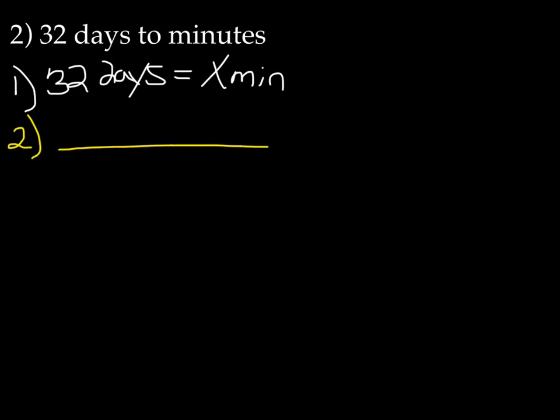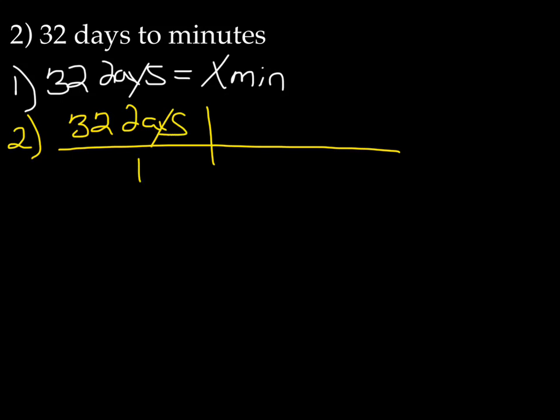Okay, step 1. Rewrite this as a math problem, which is 32 days equals X minutes. Okay, and then step 2, write a grid and put our known in the grid, which in this case is 32 days over 1.